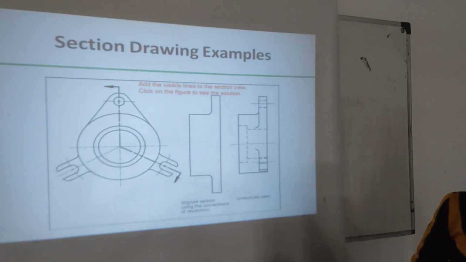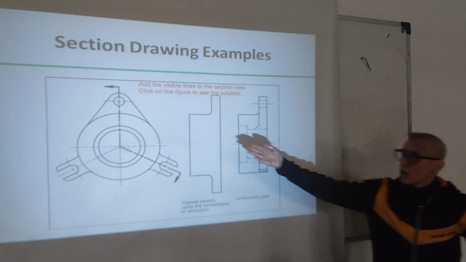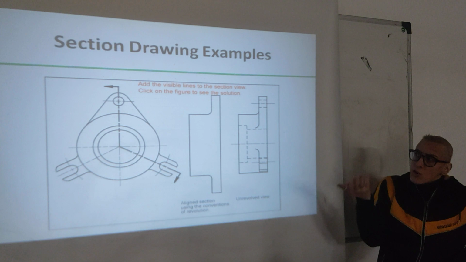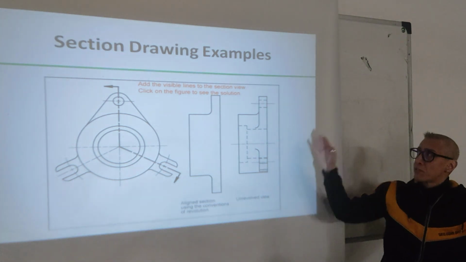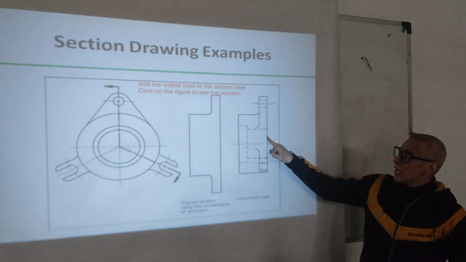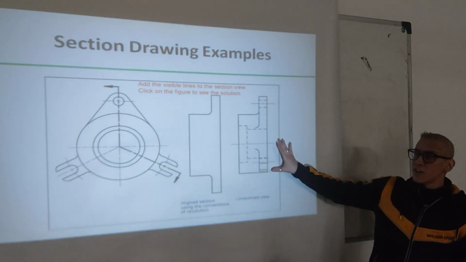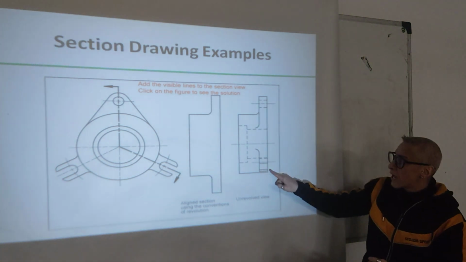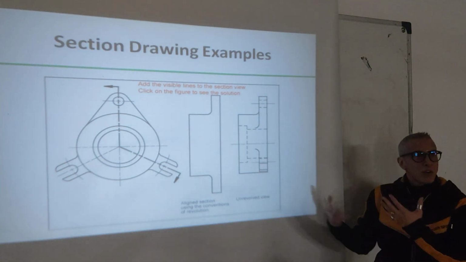Other objects. Now, look here. This, for example, type of object. If you draw it as a normal, for example, side view, front view, top view, without section, it will be a little confusing. It's not confusing if you understand the lines, but it's a bit overcrowded.